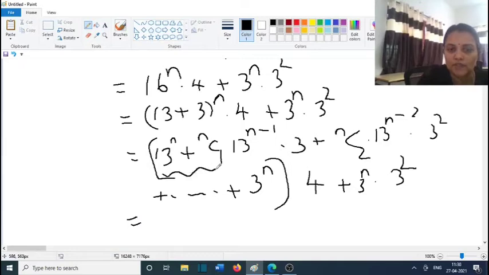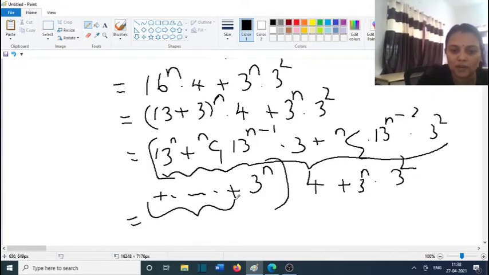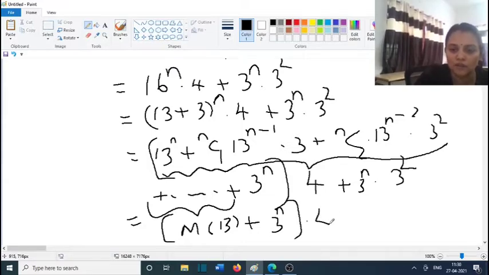This is 13 raised to n, the next term 13 raised to n minus 1, next 13 raised to n minus 2; up to this term it is a multiple of 13. Here 13 raised to 1 will be there into 3 raised to n minus 1. So this is a multiple of 13 plus 3 raised to n into 4 plus 3 raised to n into 3 square, which is 9.